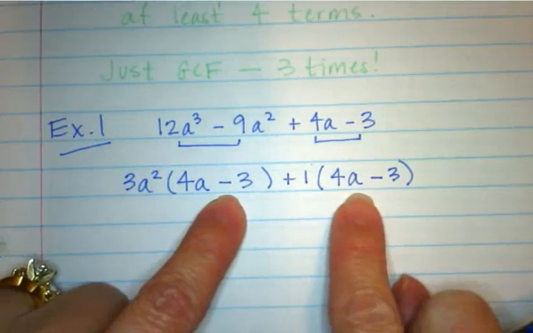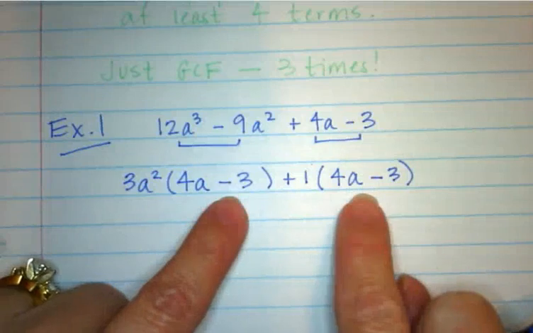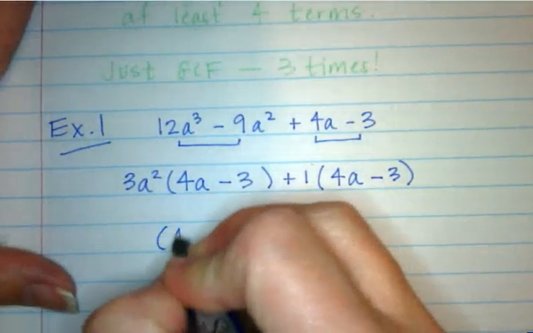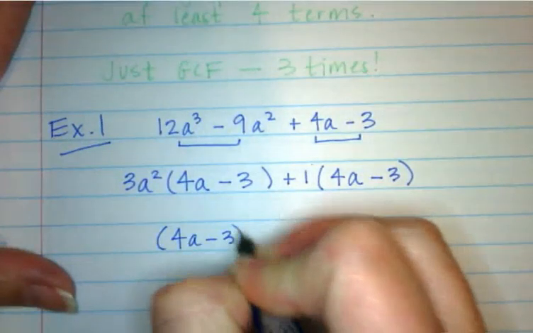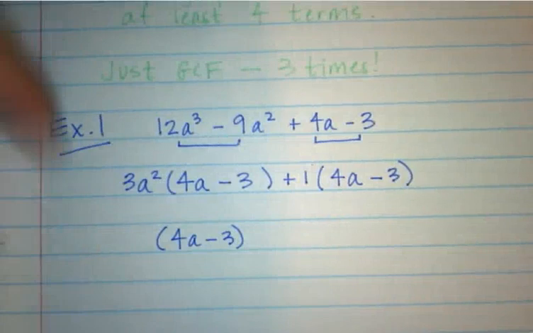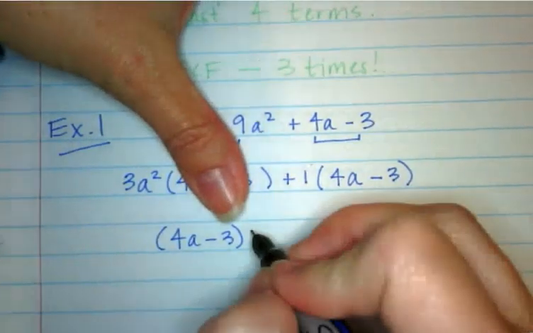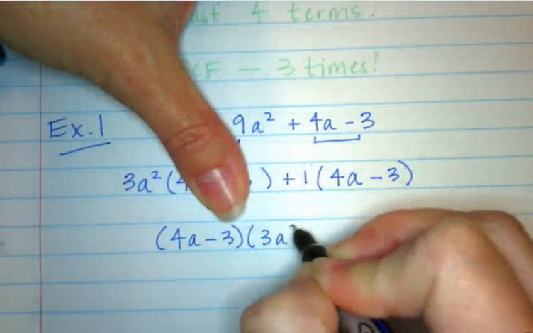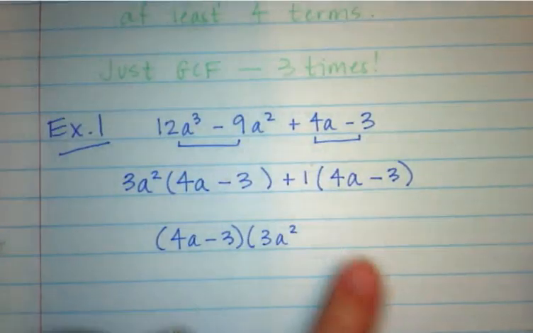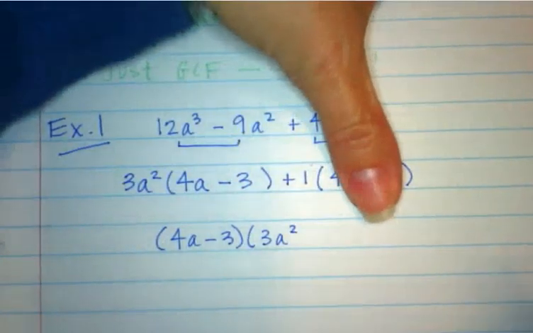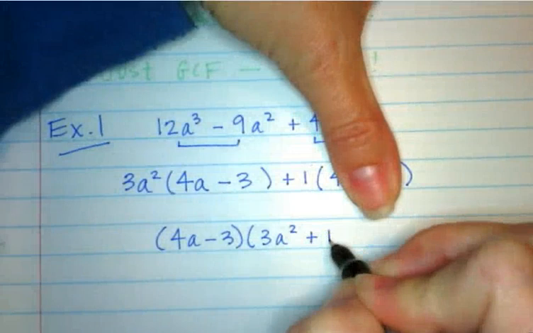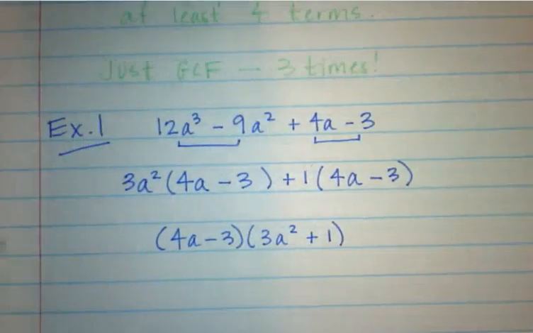Now this works like yet another GCF, because they both have a 4a minus 3. If I take the 4a minus 3 away from the first group, that leaves me with 3a squared, and from this group, it leaves me with a plus 1.